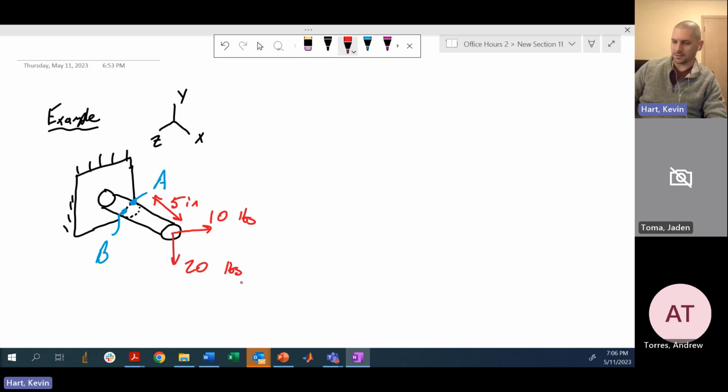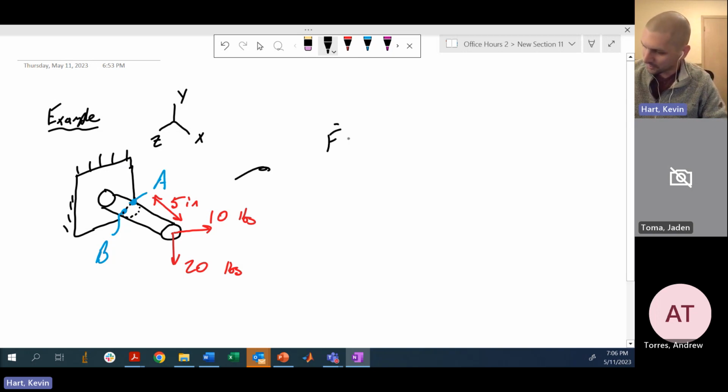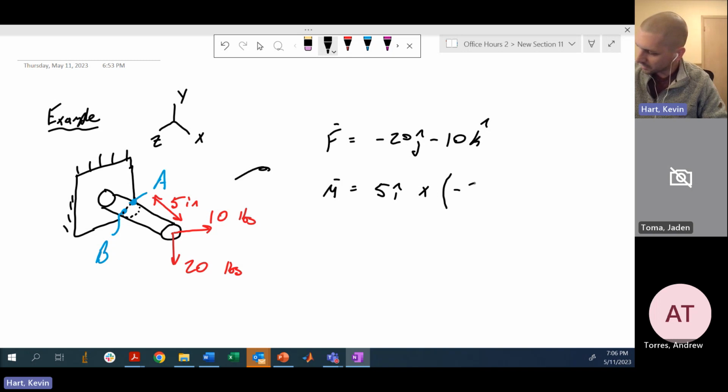Okay, so if you're going to attack this with a combined loading type methodology, you're going to relocate forces and moments. So forces relocating, you'd have negative 20 j hat minus 10 k hat. And then for moments, you'd have something like 5 i hat crossed with that force, negative 20 j minus 10 k.